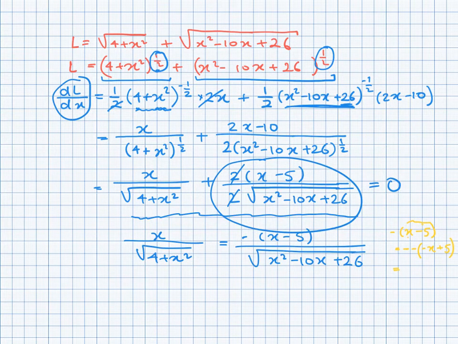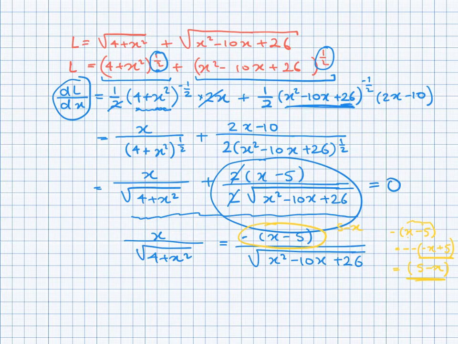Negative and negative next to each other is positive, and this just looks a bit weird. So I'm just going to rewrite it like 5 take away x. Pretty much what I did here is get rid of the negative sign, so it's just neater. So all of this now is actually 5 take away x.